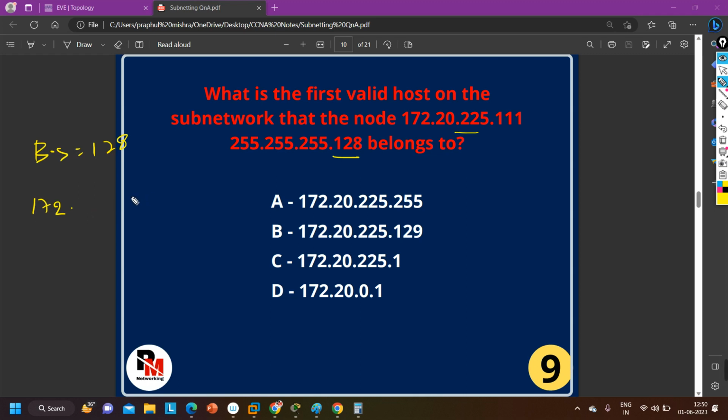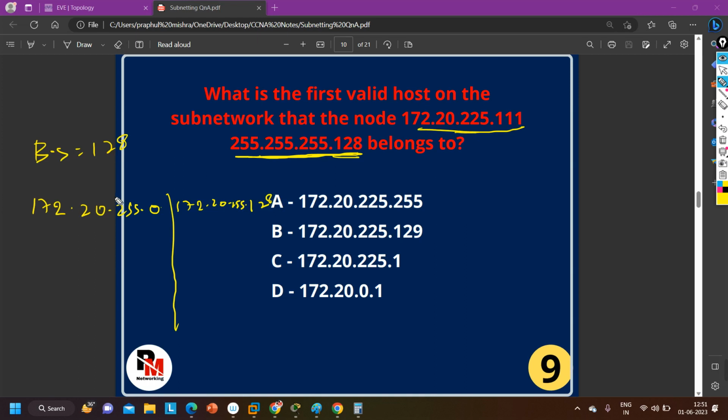My first network will be 172.20.255.0, because the last one is present in the third octet. Here you can see, right? So it will be 0.0 and the second network will be 172.20.255.128. That is the block size.